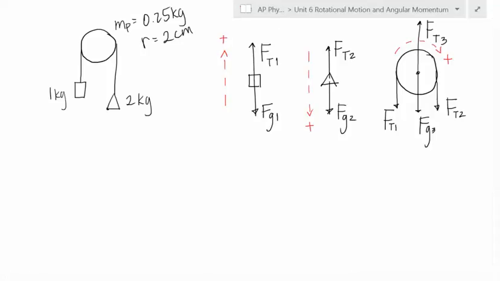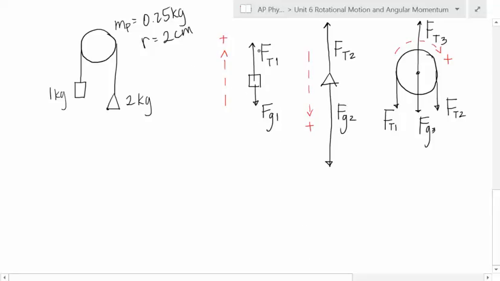If I was being a much better teacher, I would have FT2 much longer than FT1, but then I have to have FG2 greater than FT2. It's got to be bigger, so I've got to have differentials there. And this guy right here, I'll just go ahead and make him look significantly smaller, like that.